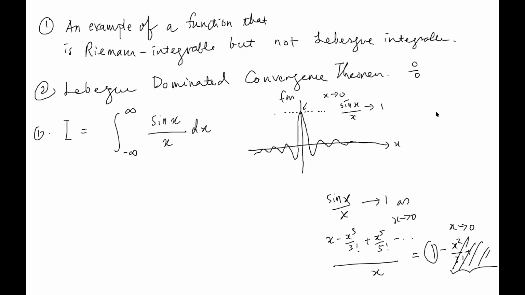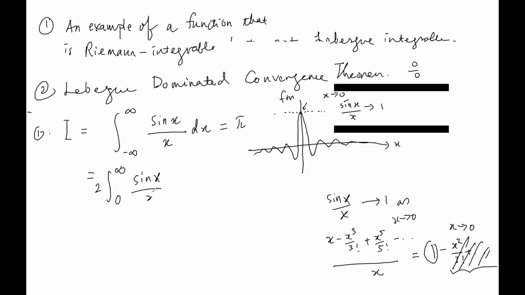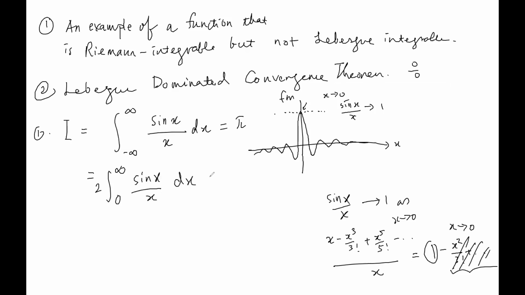Now this integral is equal to pi. Okay. And in fact, this is equal to 2 times, since it's symmetric, right? So it's basically equal to this, right? Okay, so this one we take as given, there are ways to show that it's equal to pi.